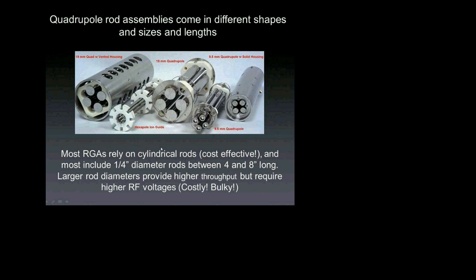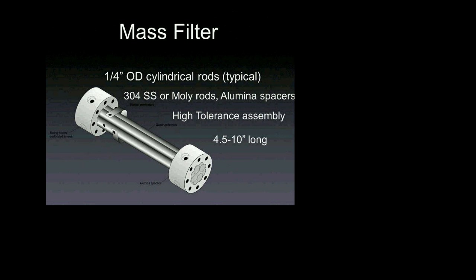There are also high-end quadrupoles that come in different rod diameters, but today we are mostly concentrating on traditional RGAs. All of those have quarter-inch rods. In terms of the material of construction, I will tell you exactly the same thing that I said before. It's okay to use stainless steel 304.